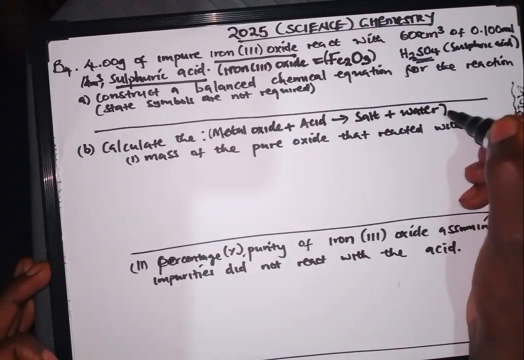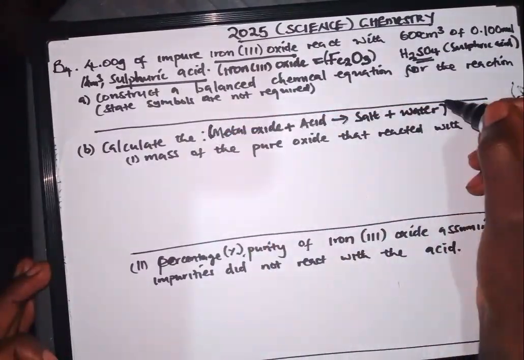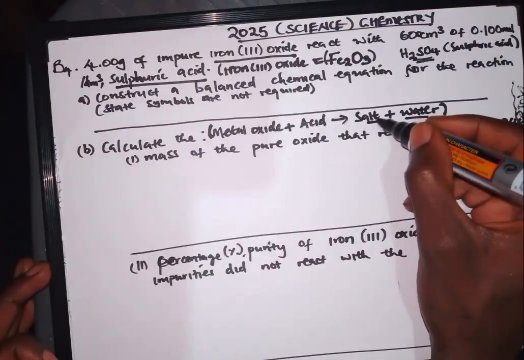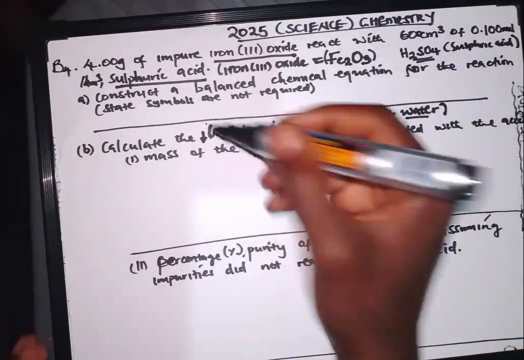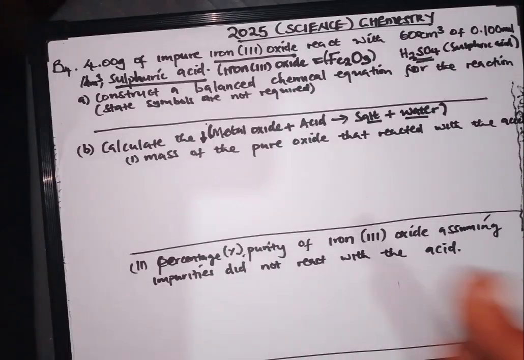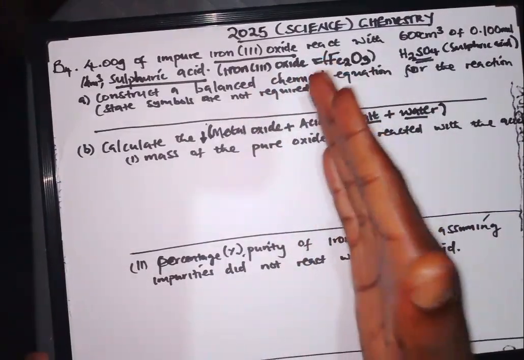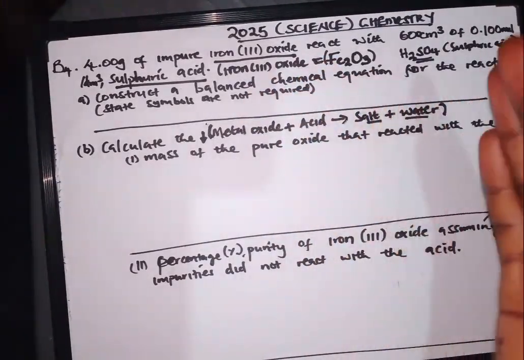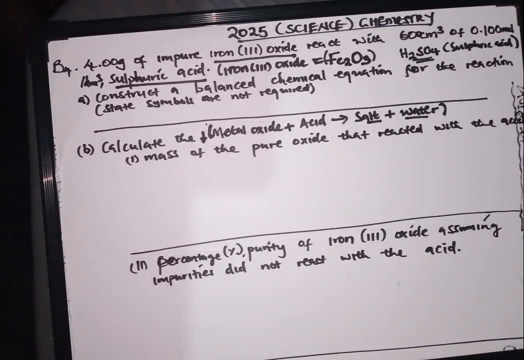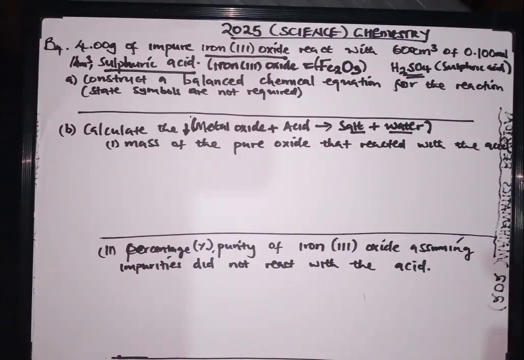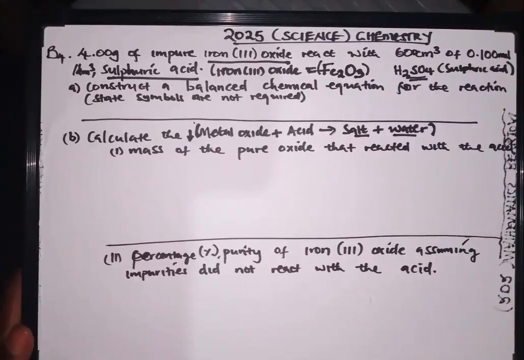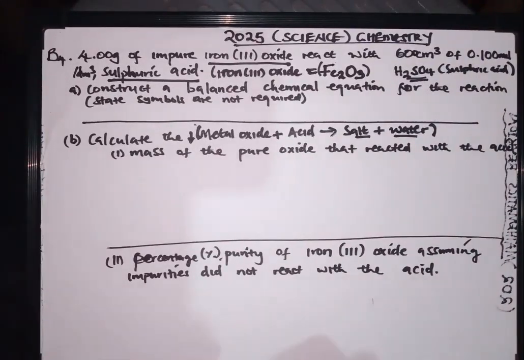This is always the principle you should follow. Whenever you have a metal oxide plus an acid, you always have a salt and water. Saying that, we can now solve our first question.